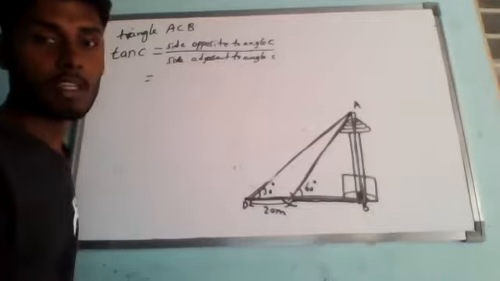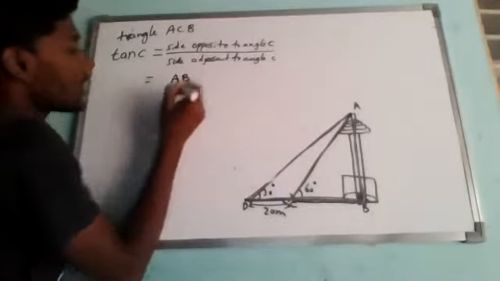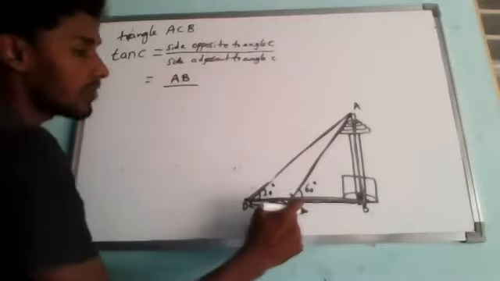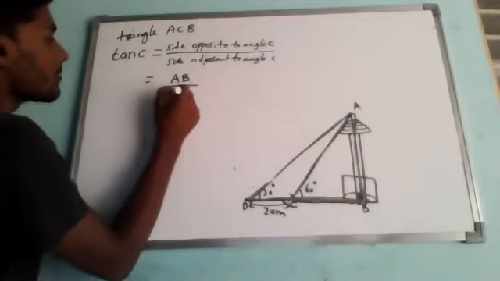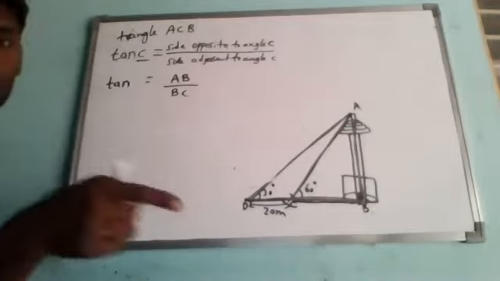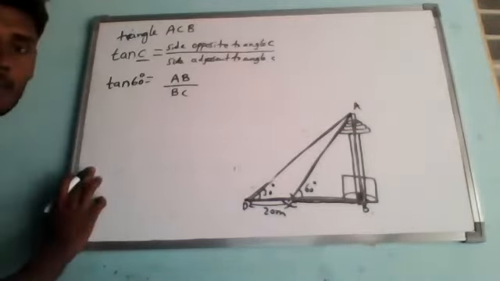AB is the opposite side to angle C, divided by the adjacent side to angle C, which is CB or BC, equals tan C. So what is the angle of C? Angle C equals 60 degrees. Understanding?